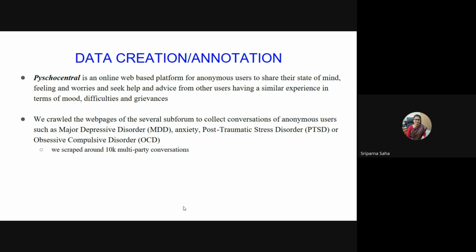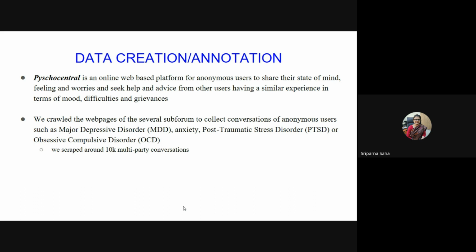Here we have considered four mental health disorders: major depressive disorder, anxiety, post-traumatic stress disorder, and obsessive compulsive disorder. We assume that the patient will consider himself or herself a part of any of these disorders, and accordingly will be part of one of the subforums.